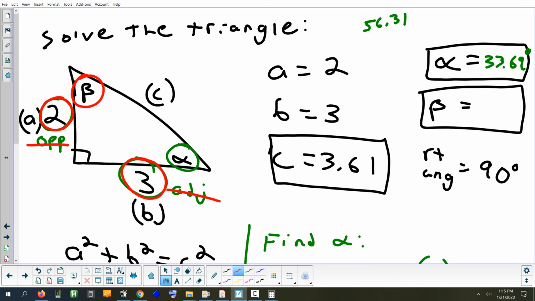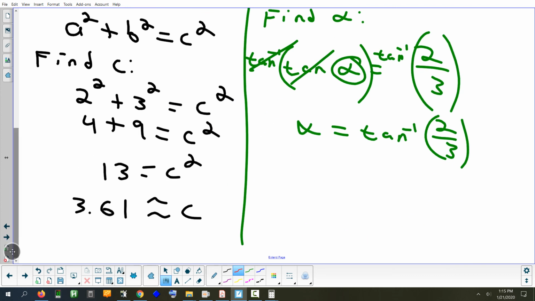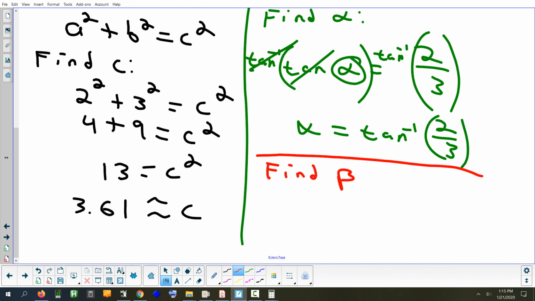If you turn which way you're facing, left and right changes. If you switch where you're standing in this triangle, now we're standing at beta, this is opposite. And now that is adjacent. So to find beta, it's the same trig function again, tangent. Okay. So let's find beta.